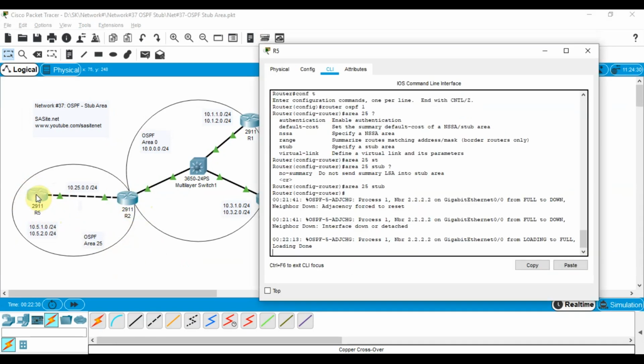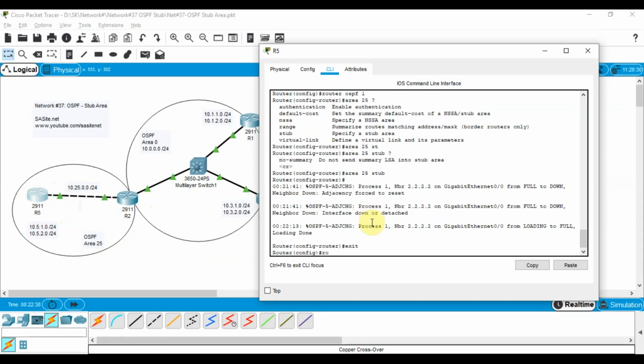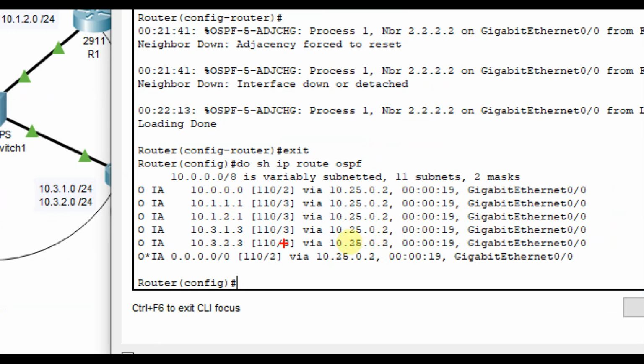So now let's go back to R5, and we can see the adjacency came up. Do show IP routes OSPF. And as you can see here, we have a slight difference. Previously, we had two E2 networks, which represent the connection to the networks behind R4.